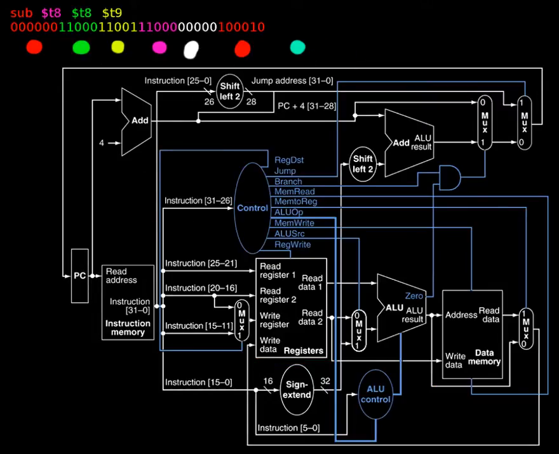So, that being said, let's get started. By the way, just a note, each of these lines here doesn't represent a single signal. It represents multiple signals usually. These are buses, meaning they carry multiple wires at once.